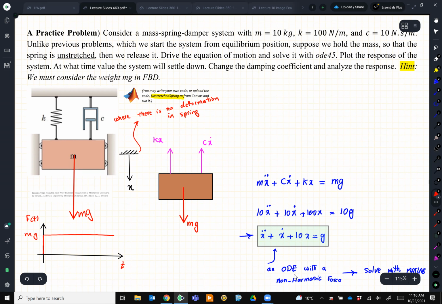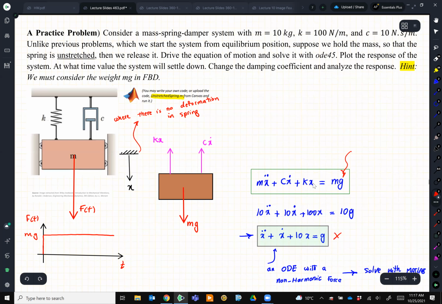It doesn't change its direction. This is my F(t) now. No other force. So if you write the equation of motion, we will end up with this equation. On this side, there is no harmonic force. It's not harmonic, so our previous equation that we developed has no use for us here.